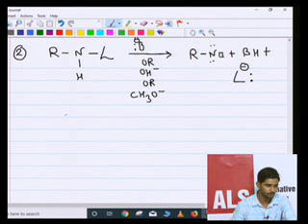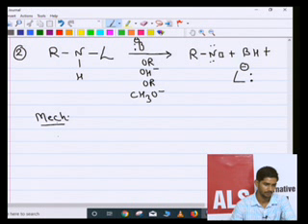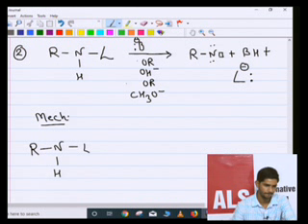Okay. See, if I talk about the mechanism, this is R, this is N, H, and this is L. Guys, remember L is a leaving group. This is your leaving group.